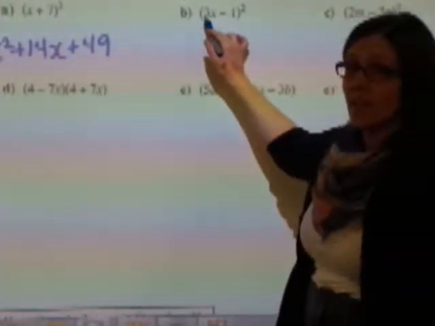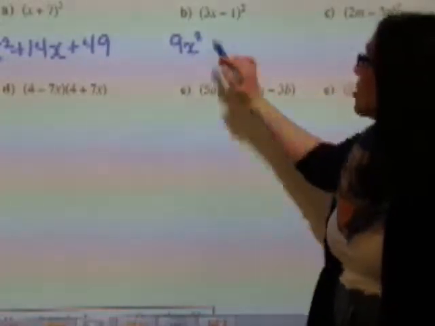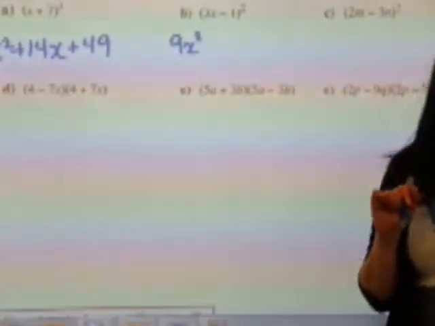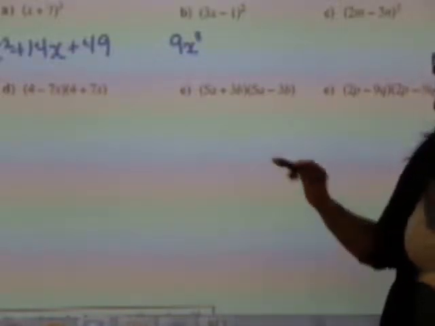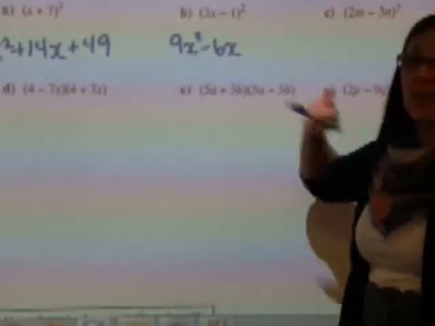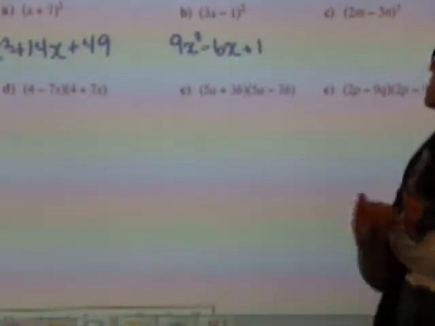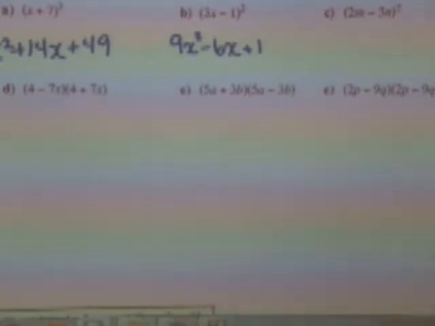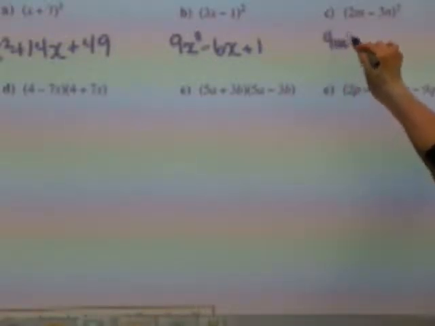So if I follow that same pattern, if I square 3x, so 3 times 3, x times x, 3x times negative 1, and double it, negative 6x, square negative 1, positive 1. Okay? Square 2m, 4m squared.